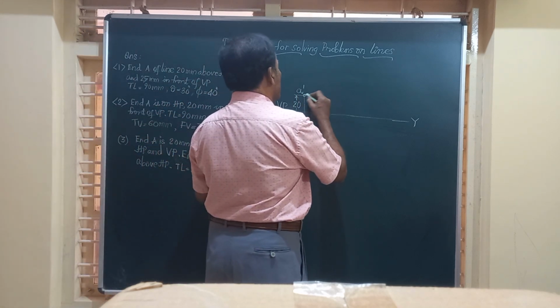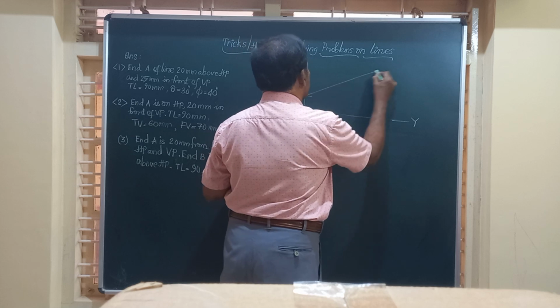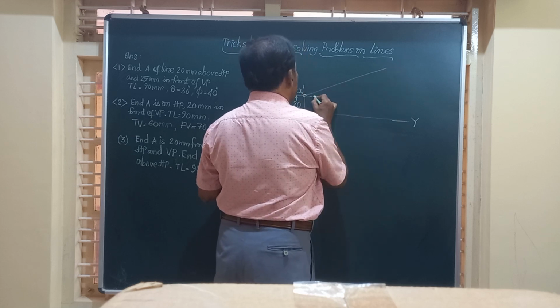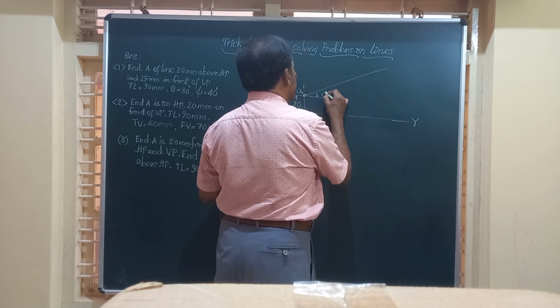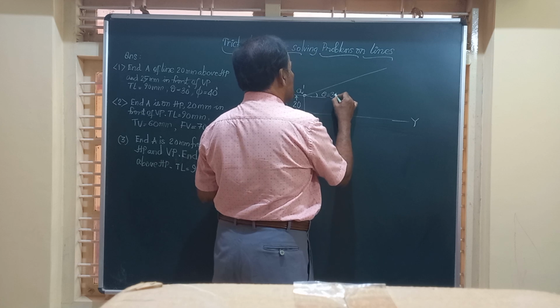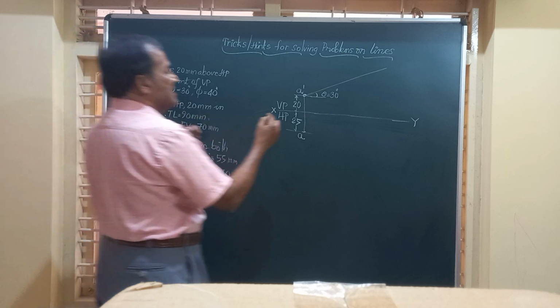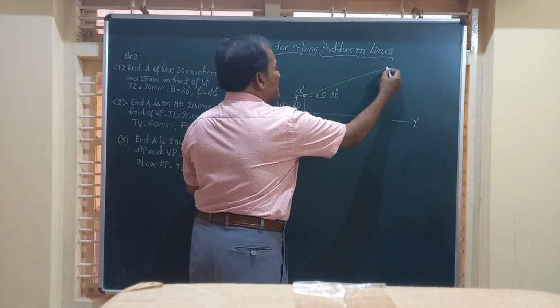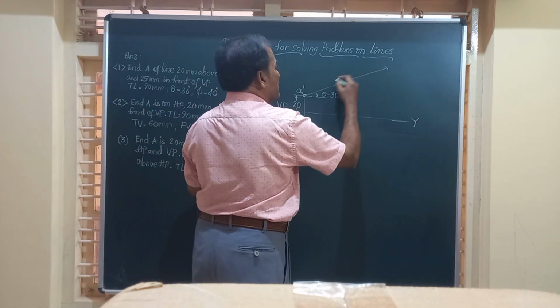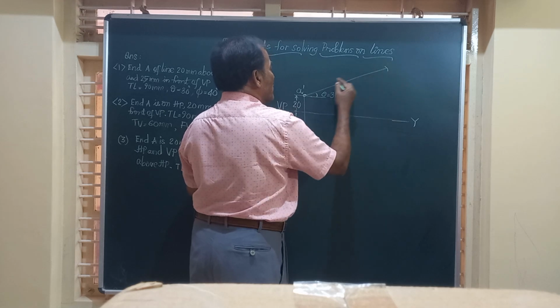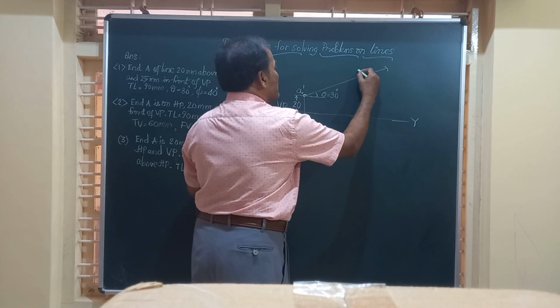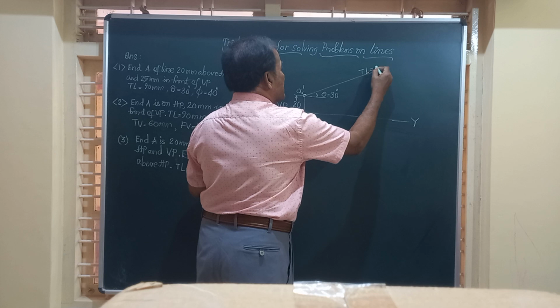So from here, you mark a line at an angle of 30 degrees. Theta is equal to 30 degrees. You know the length of the line as 90. Taking A dash as center, radius equal to 90 mm, you can cut this line drawn here. So this will have a true length equal to 90.